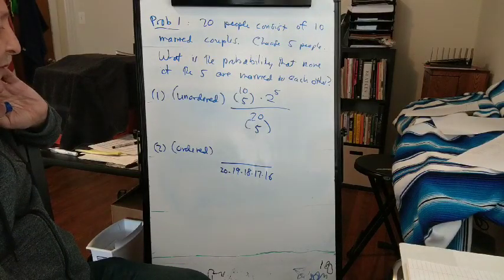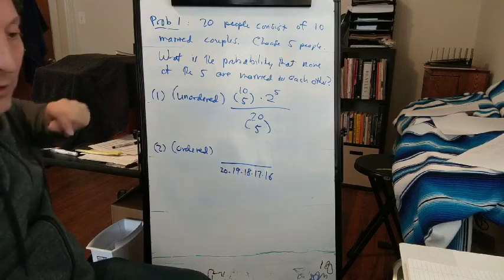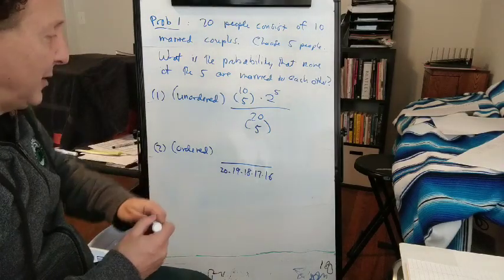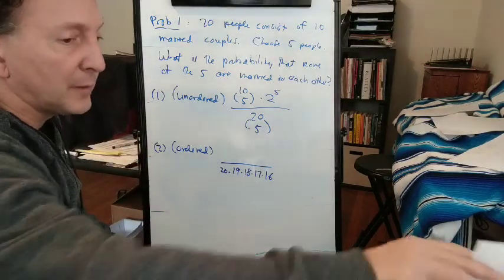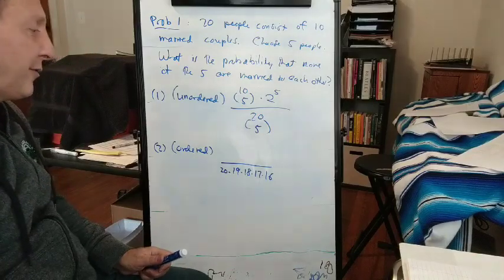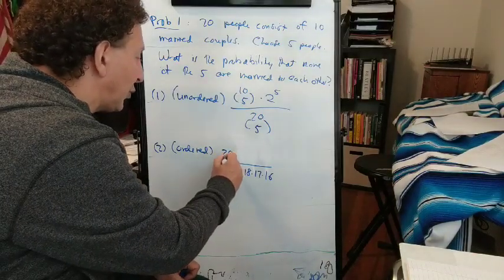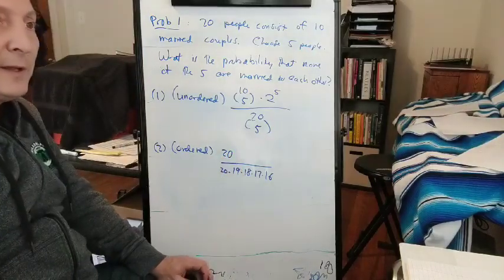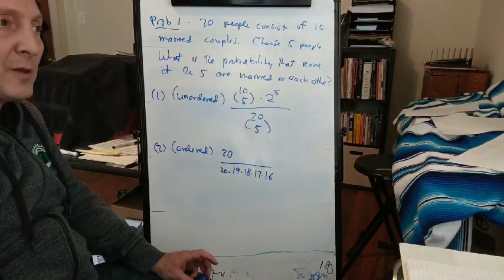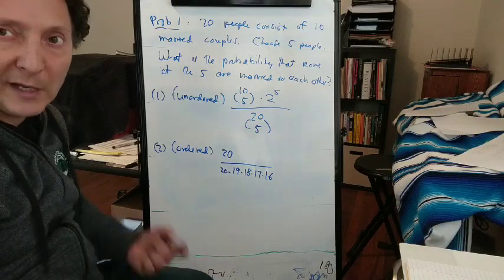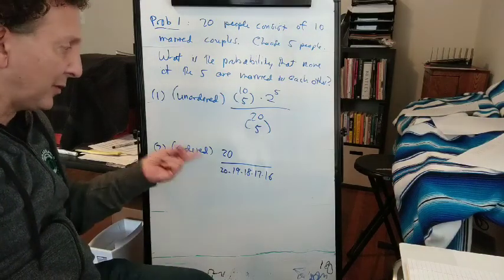Now, how many ways are there to choose 5 people that are not married? Well, the first person is not going to cause a problem, so there's 20 ways to choose the first person. And then for the second person, I guess we can choose anybody except for the partner of the first person.